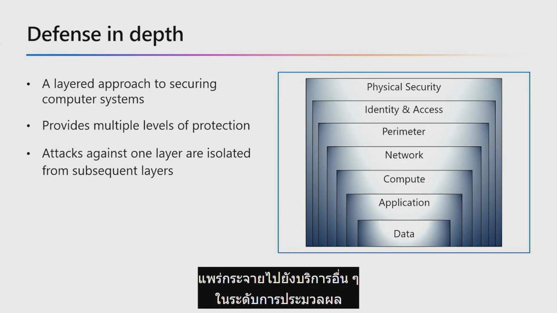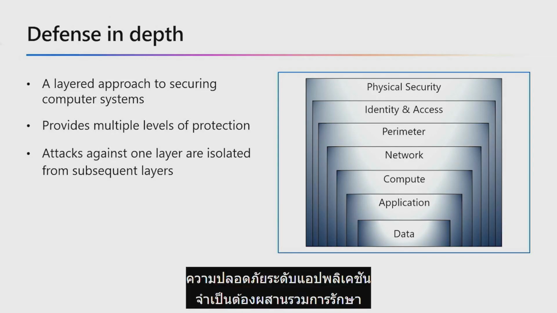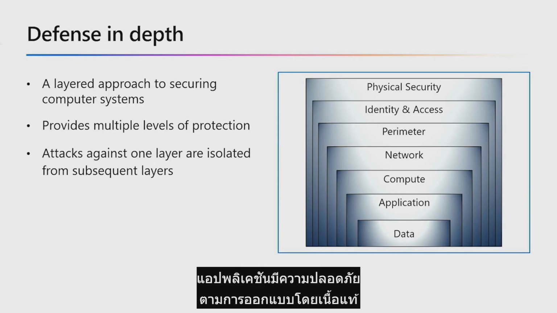At the compute level, protective measures involve securing your environment by closing specific ports. Comprehensive protection and necessary control are pivotal at this stage. The application-level security requires integrating security into development projects, ensuring that applications are inherently secure by design.